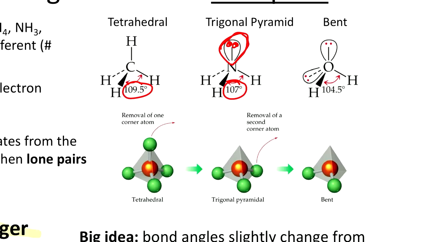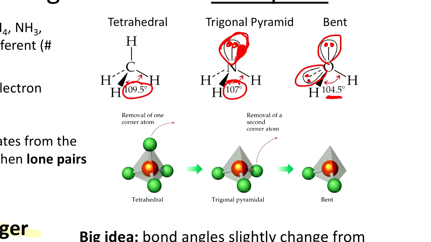It decreases, it's 107. Or let's look at water. Water has 2 lone pairs. It's still an electron geometry of tetrahedral. Look what happens to that bond angle. It gets even smaller. The reason is because lone pairs are big, fat, and juicy, and they push things away from it, all right?